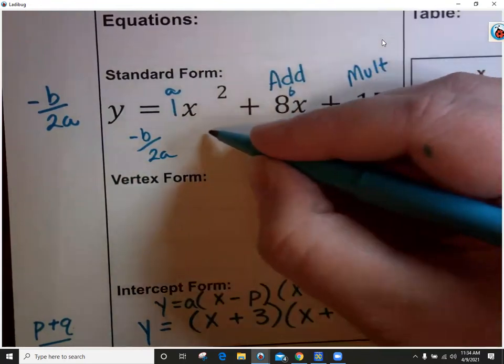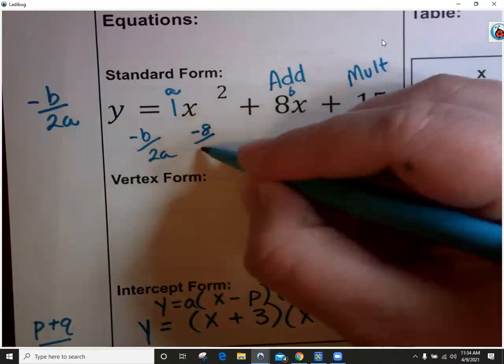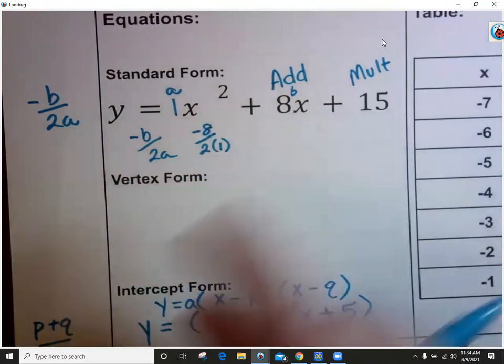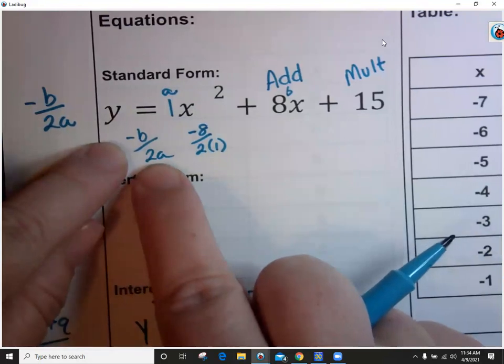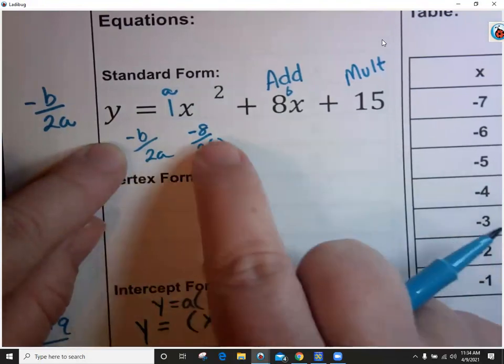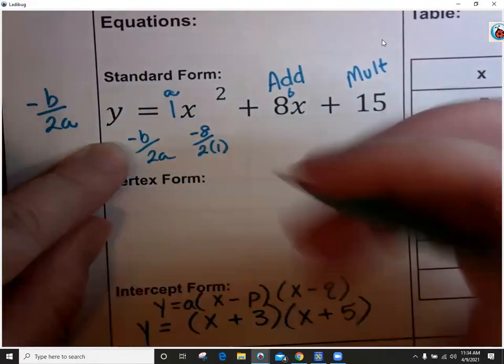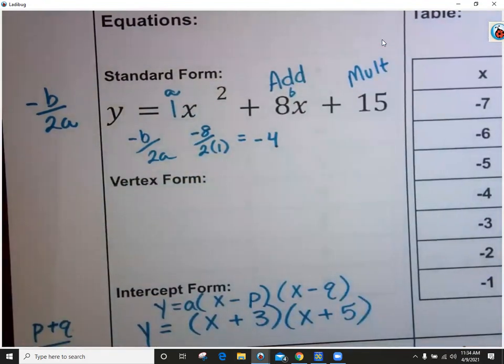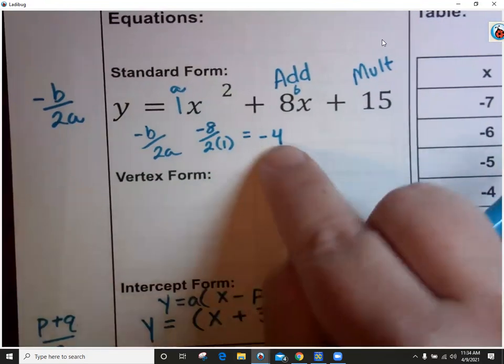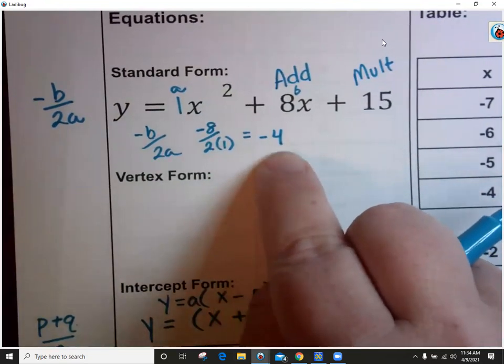So it'd be -8/(2 times 1) to plug the 8 and the 1 into this formula. And so then it would be -8 divided by 2, and -8 divided by 2 is -4. So -4 is our axis of symmetry.